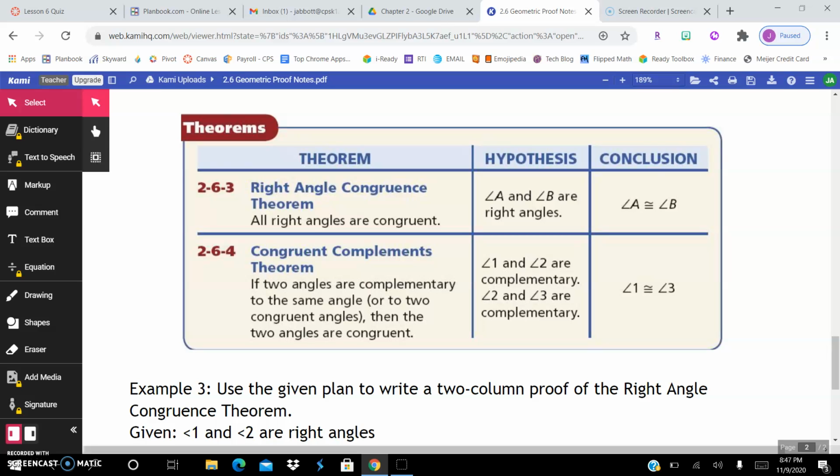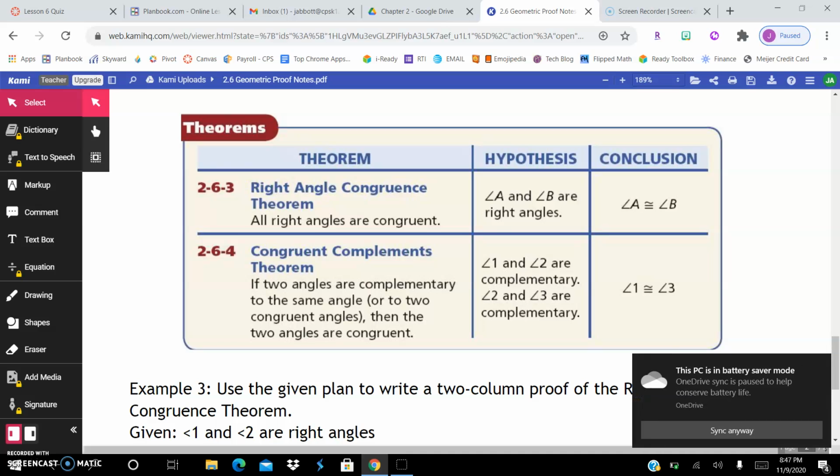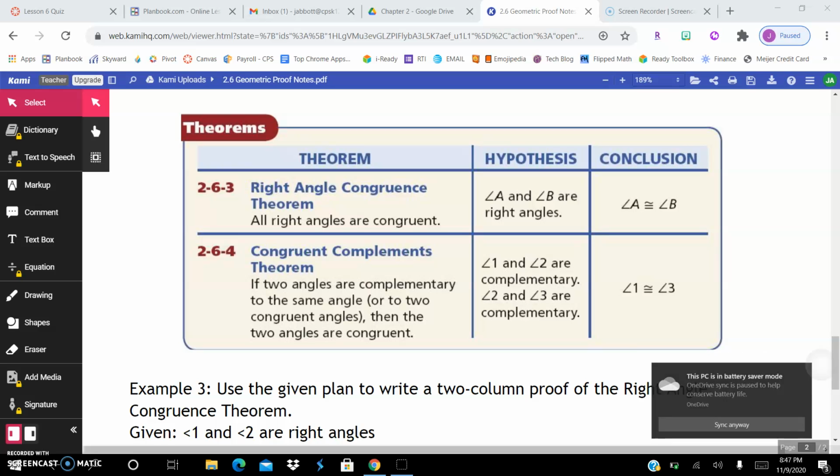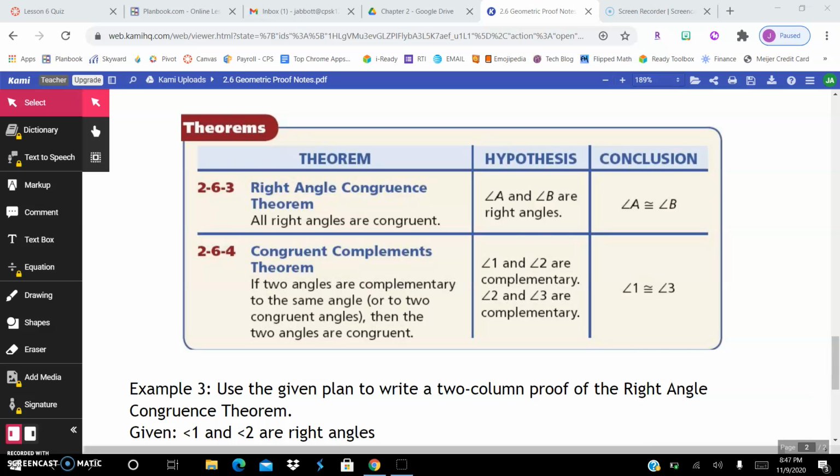So if angles 1 and angle 2 are complementary, angle 2 and angle 3 are also complementary, then we can conclude that angle 1 is congruent to angle 3, because each one of those with angle 2 forms complementary angles, or a 90-degree angle.